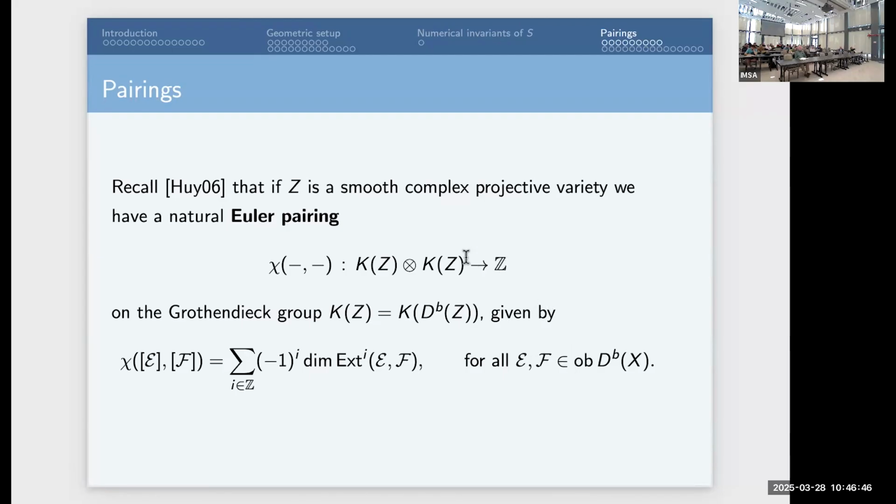So we're quoting Wigwert that if Z is a smooth complex projective variety, there is the Euler pairing on its K theory. Given this formula, given an E and an F, we look at all the Ext groups between them, and take the alternating sum of the dimensions for the pairing.